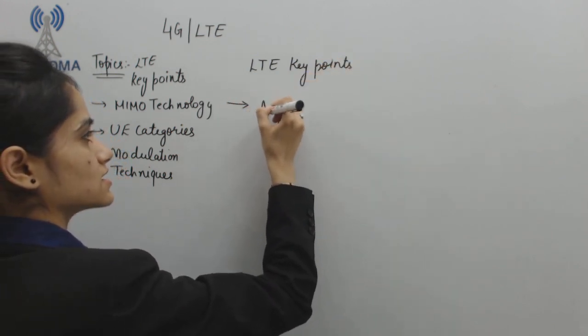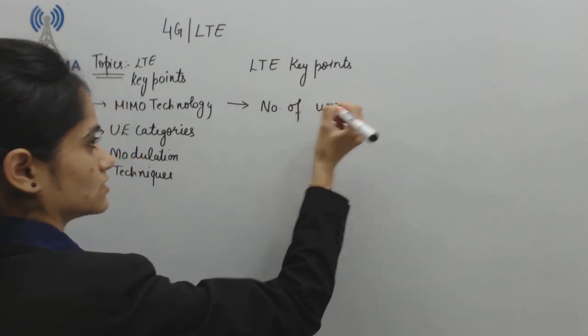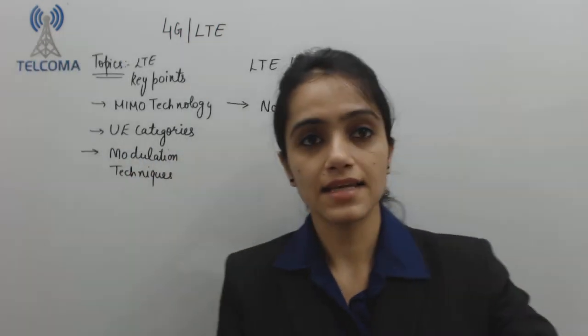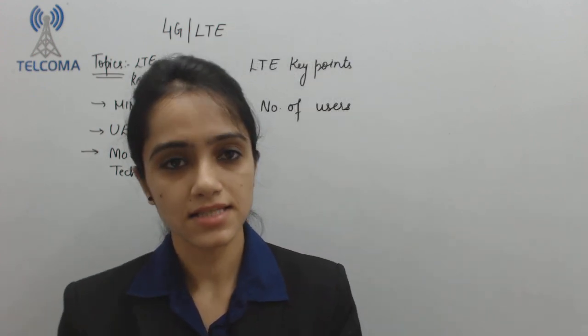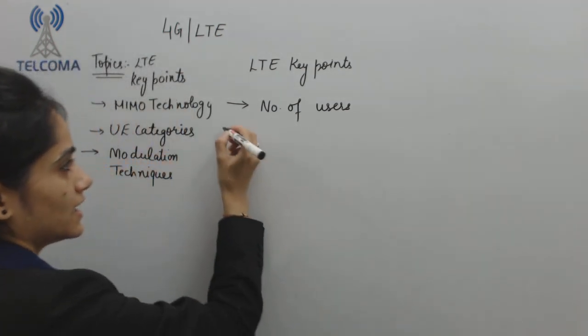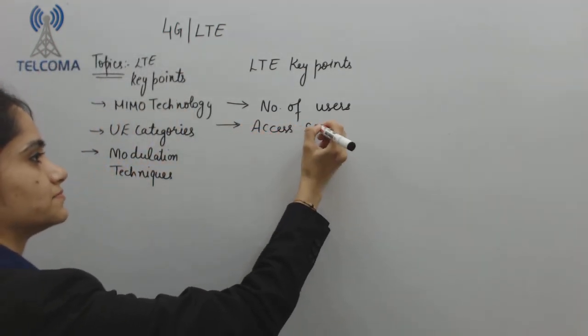The very first is the number of users. LTE is the latest technology, and it wants to have more users and accommodate all users with high internet speed. Next is the access scheme.